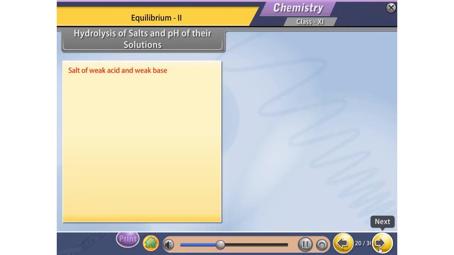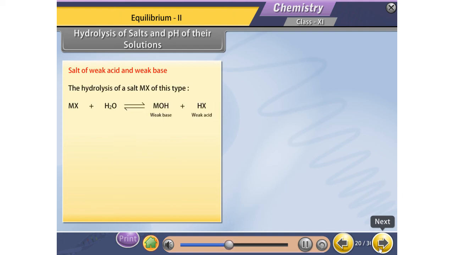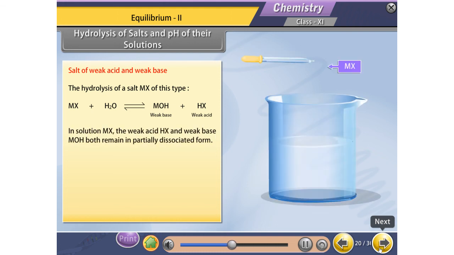Salt of a weak acid and a weak base: the hydrolysis of a salt MX of this type. In solution, the weak acid HX and weak base MOH both remain in partially dissociated form.